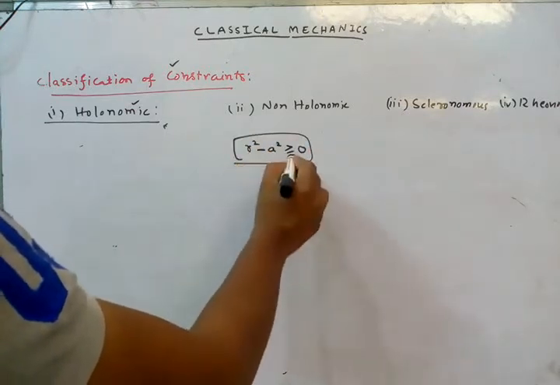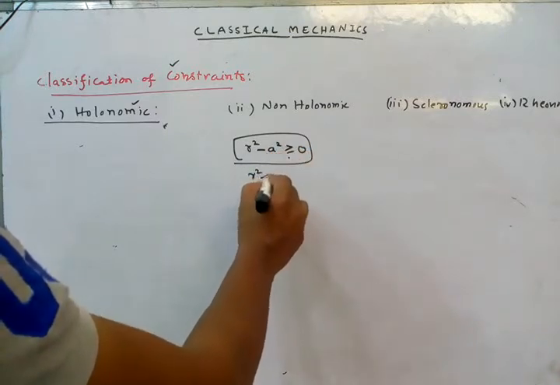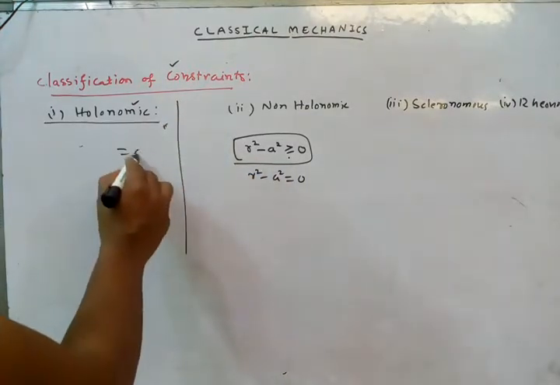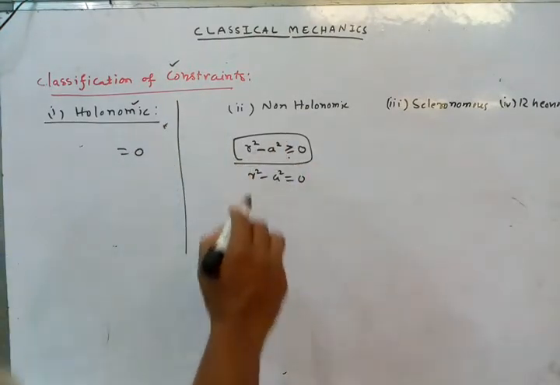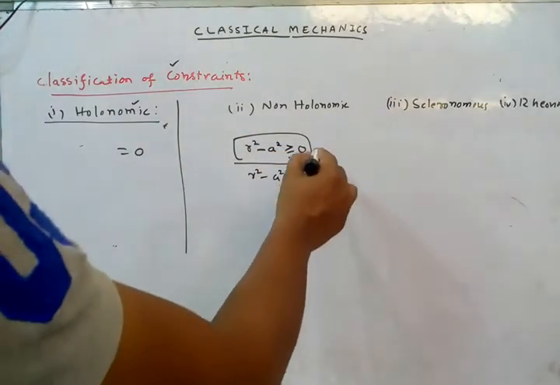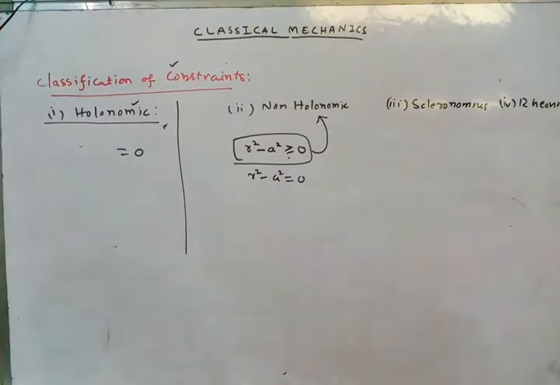Here there is no equality term, it is greater than or equal. So it is not like equal. In holonomic constraints it is equal to 0, here it is greater than or equal to 0. So this type of equation of constraints will come under non-holonomic constraints.